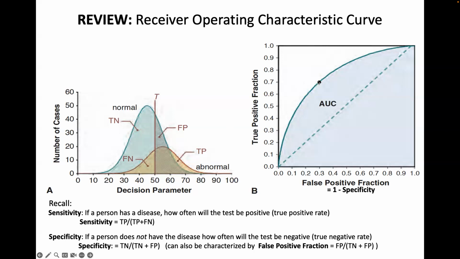I get to this point where I'm at 70%: I'll pick up 70% of the abnormals and only 30% of the normals. And as we move T along here, we derive this receiver operating characteristic curve.